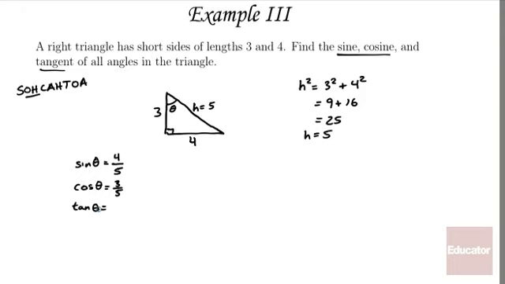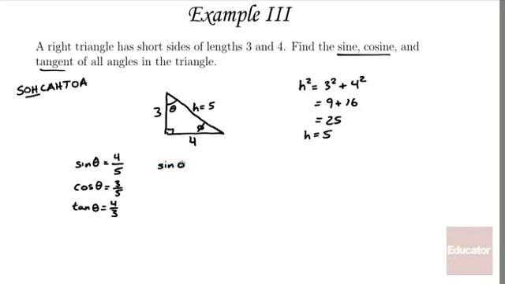And tangent of theta is equal to opposite over adjacent. Again, we haven't really learned what the tangent means yet, but we can still use SOHCAHTOA. The opposite over adjacent is 4/3. Let me call the other angle here phi.